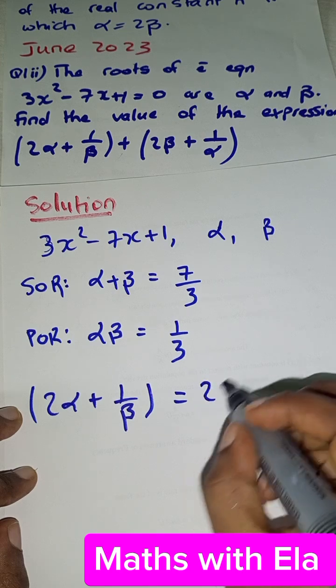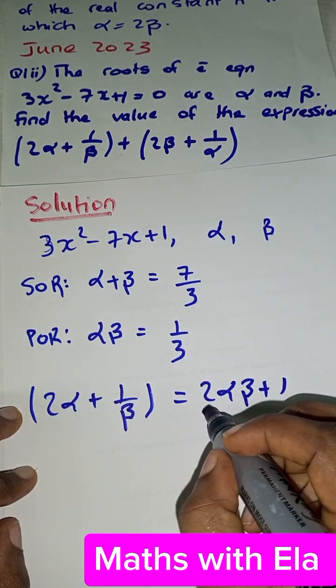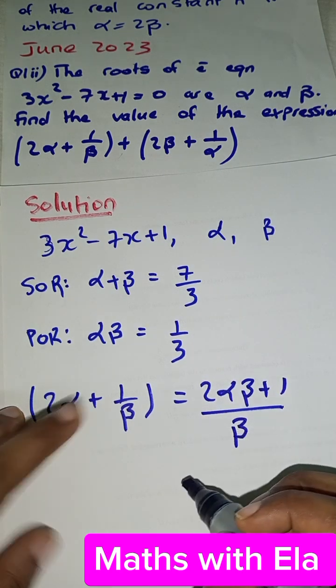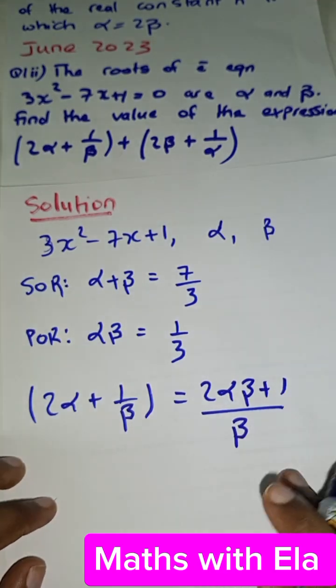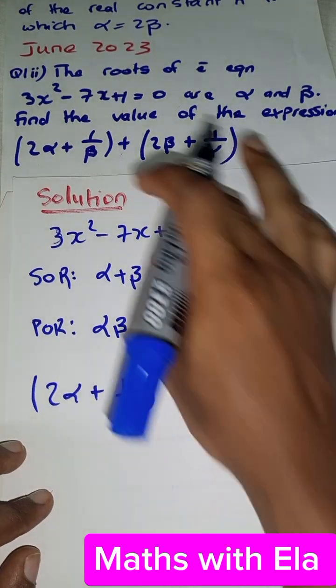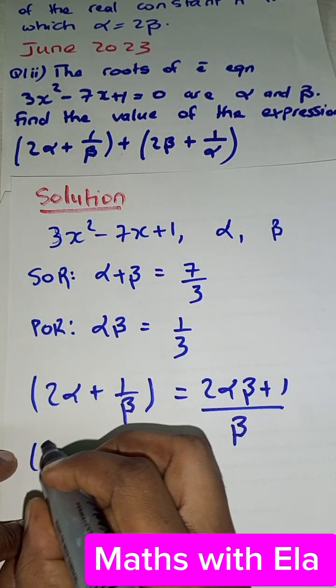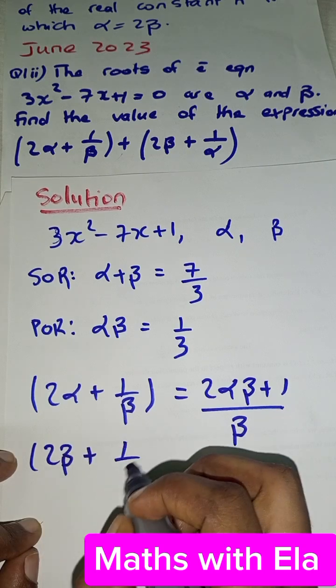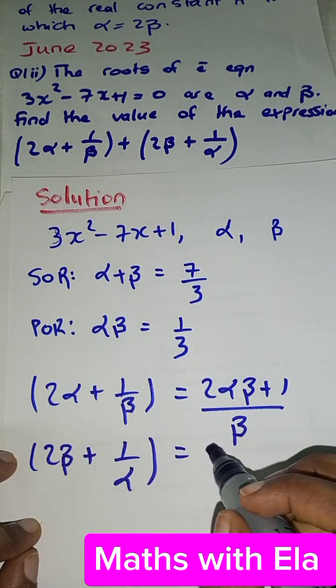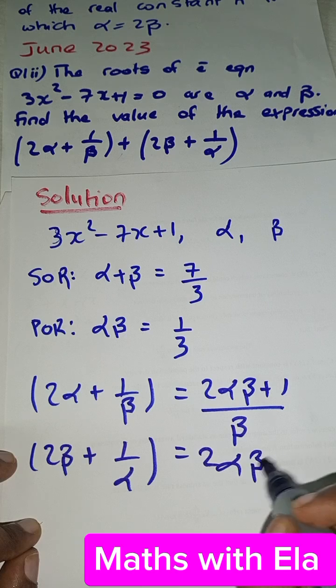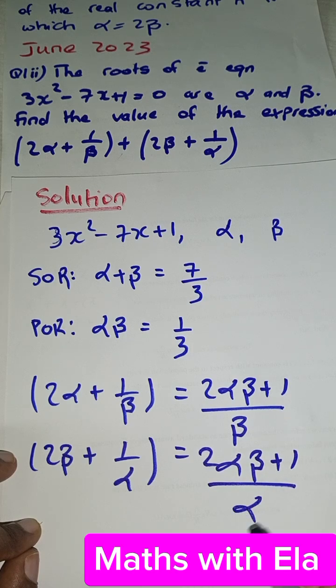Simplifying this, we are going to have 2 alpha beta plus 1 on beta, that is looking for the LCM, and putting it as a single fraction. The second bracket there, we have 2 beta plus 1 on alpha. Putting this as a single fraction, we have 2 alpha beta plus 1 on alpha.